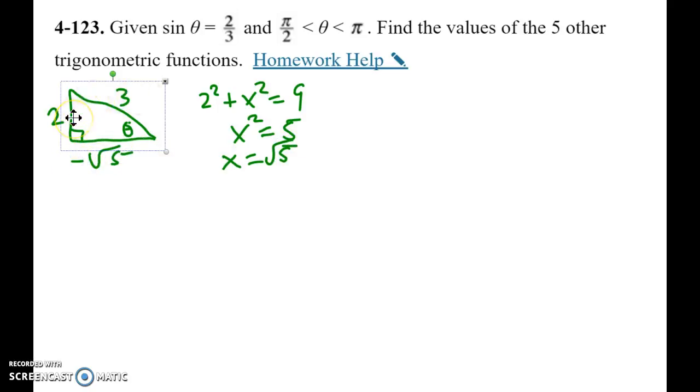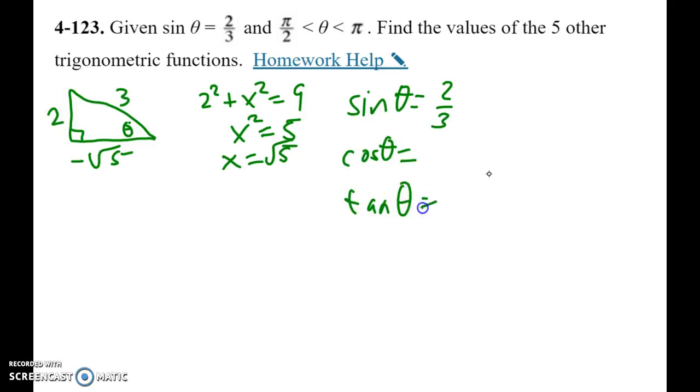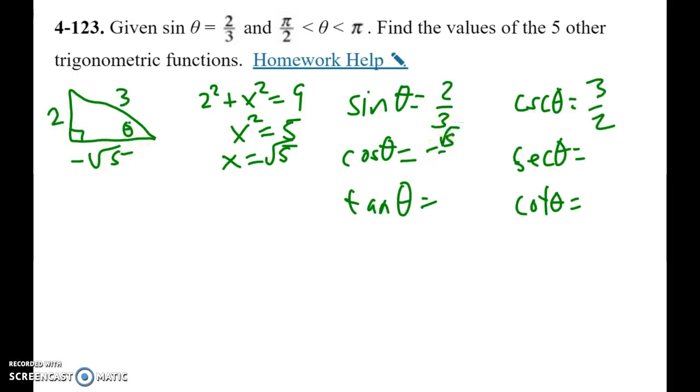So now that I've got my triangle, I can find all of the other trig functions. So I've already got sine, 2/3, and cosine, tangent, and the reciprocals of each of those. Okay, so the reciprocal here would be 3/2 for sine. Cosine is adjacent over hypotenuse, so negative square root of 5 over 3.